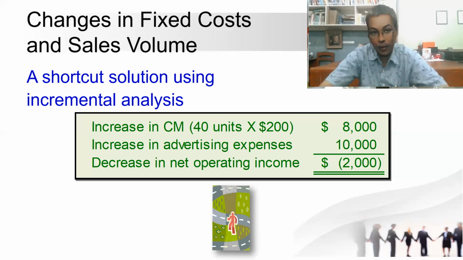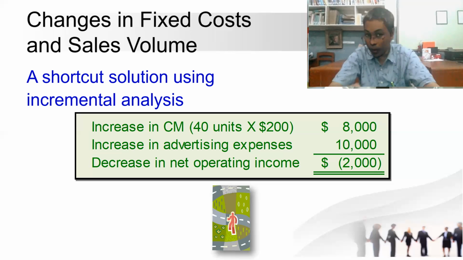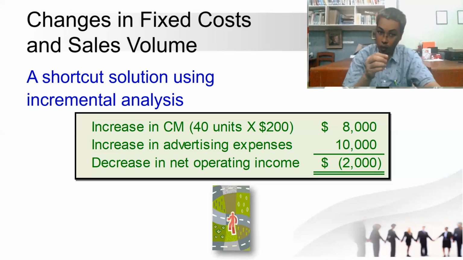For this type of analysis, please take note of this format. You need to write the contribution margin: the increase in number of units sold times the selling price, that is 8,000.